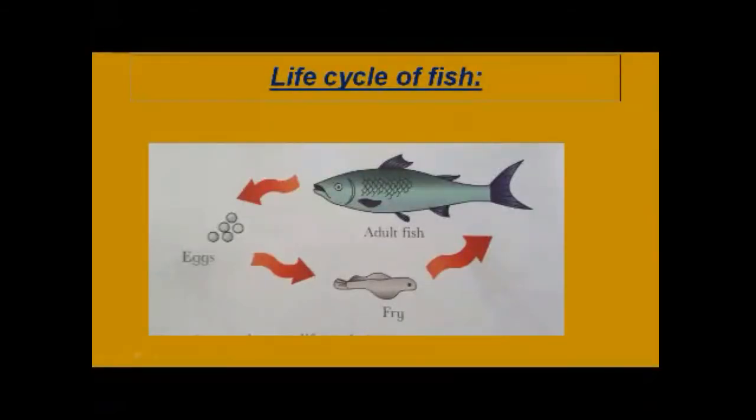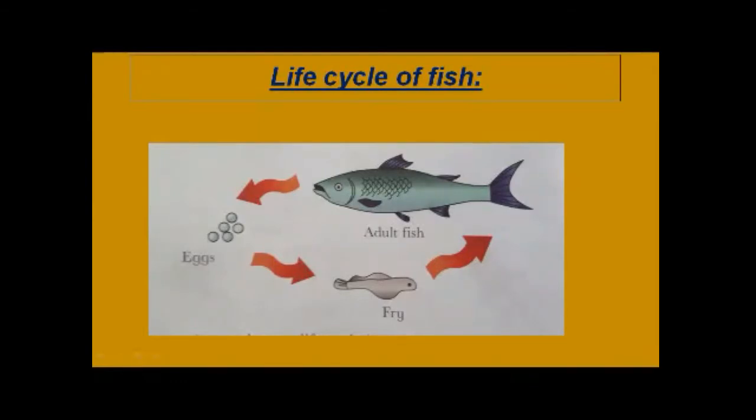You can see here a life cycle of a fish. Okay, the first stage is the egg stage. The fish lays eggs and the baby fish grows inside the egg, and then the egg hatches, a baby fish comes out, and this baby fish is called a fry.